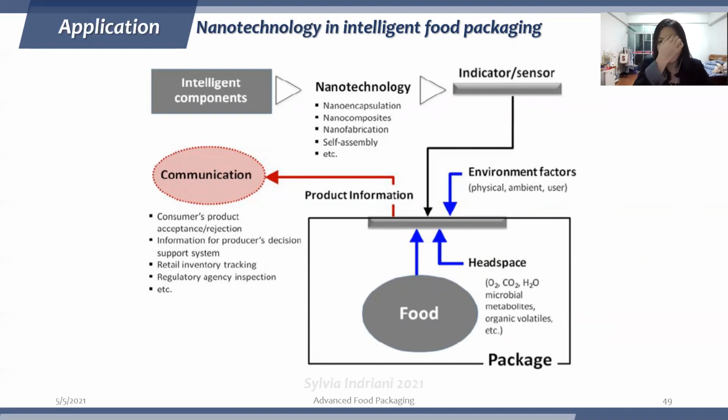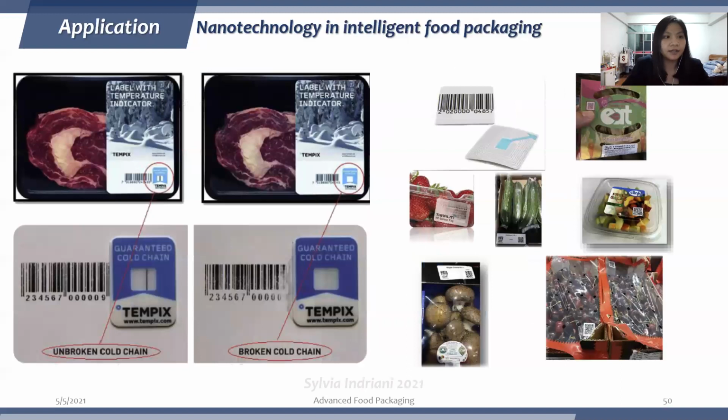Let's say if we see that the quality of the product is not good, it will send us a signal or response from the sensor, and then the food manufacturers will notice that this product is not good anymore, so we can decide later what we have to do if we find this kind of typical issue. These are the applications of nanotechnology in intelligent food packaging, especially on meat, fruits, and vegetables.